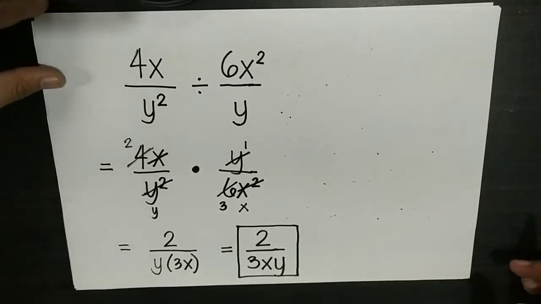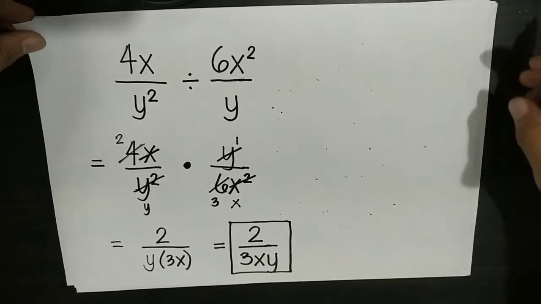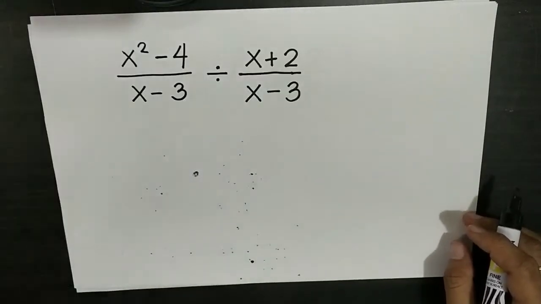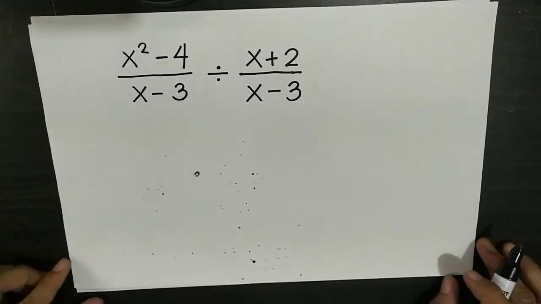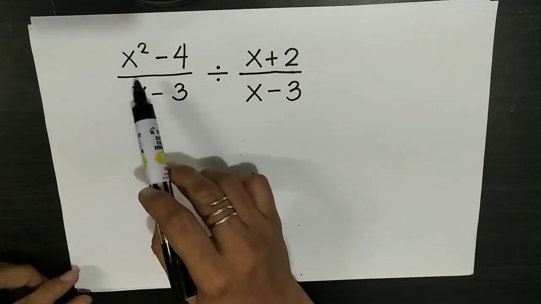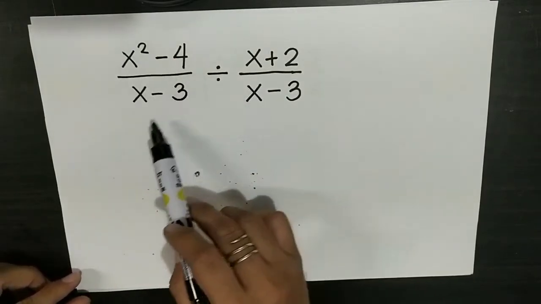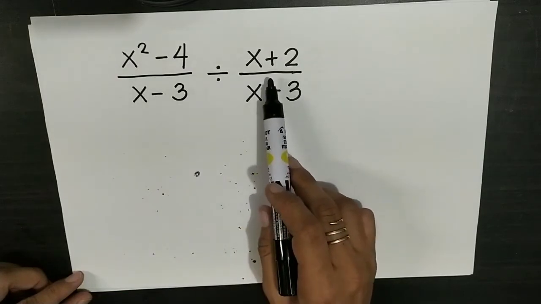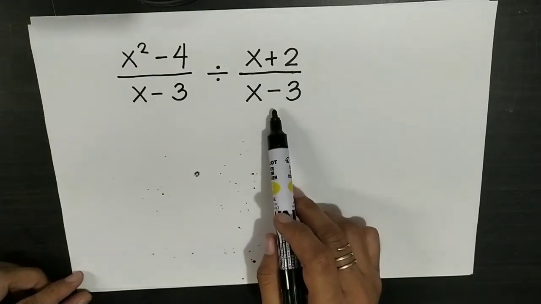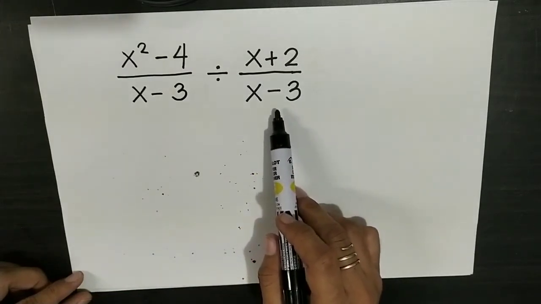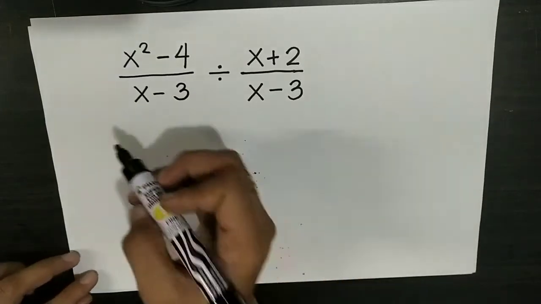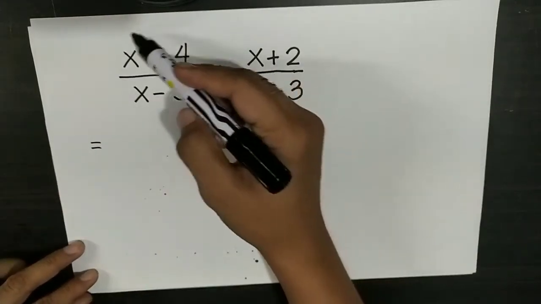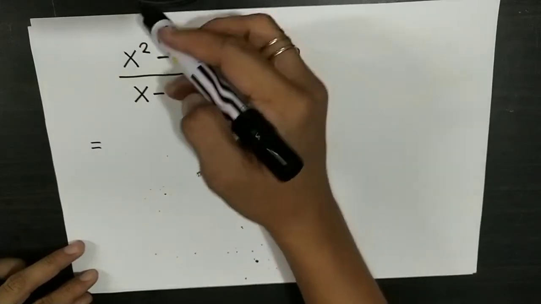Alright, let's have another example. This one. We have x squared minus 4 all over x minus 3 divided by x plus 2 all over x minus 3. So we will copy first the first expression, this rational algebraic expression.